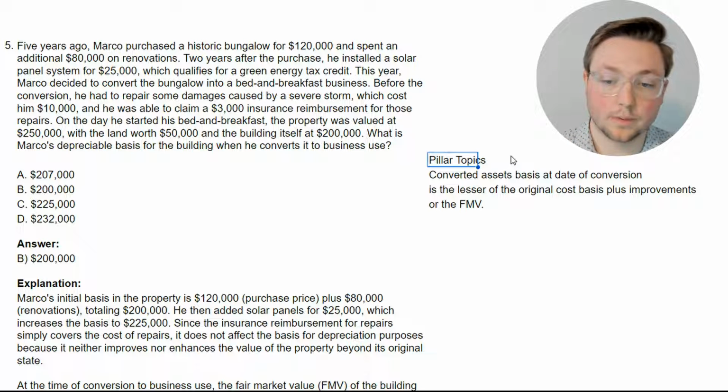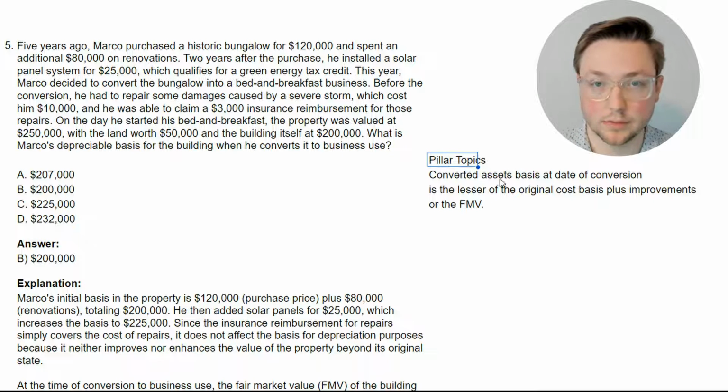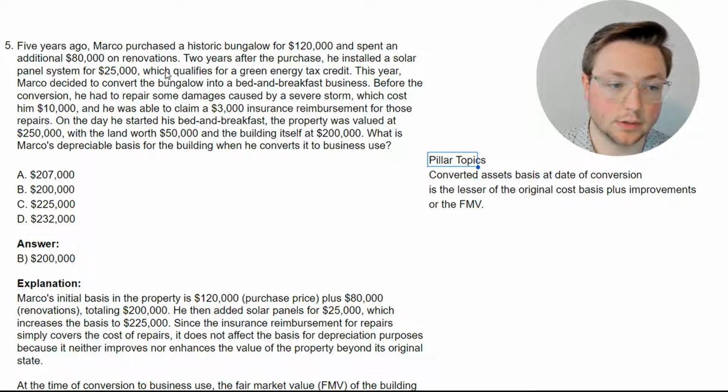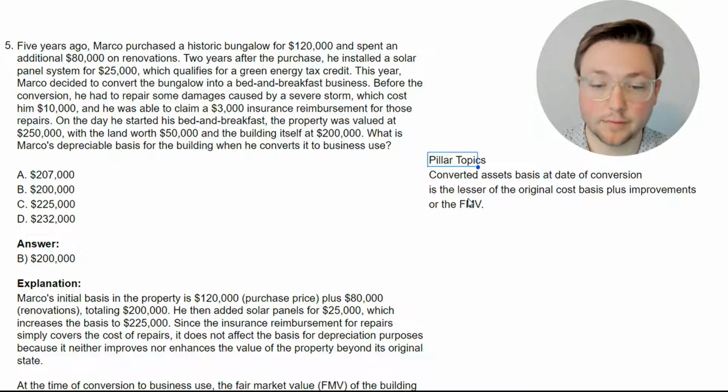This was like the whole crux of it: converted assets, so converted from personal to business use, at the date of the conversion, the basis is the lesser of the original cost plus any improvements, as we saw here with the solar panels and everything, or the fair market value.